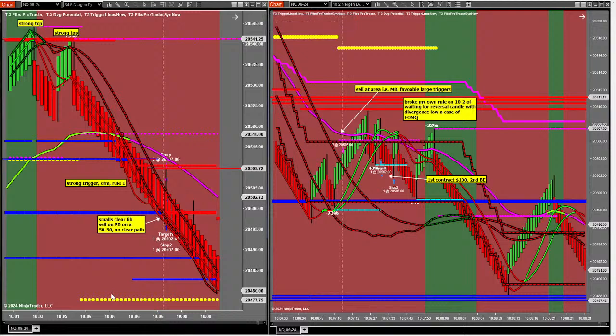Smalls break, weak triggers. Divergence prints. You get in at '07. And this is a 10-2. And then you get a second higher divergence.